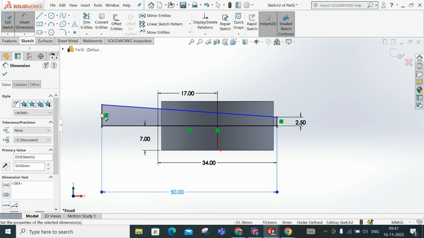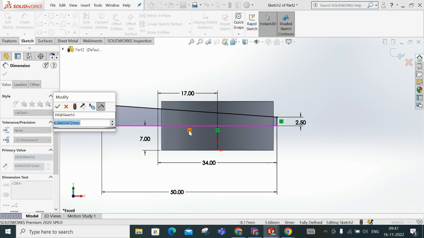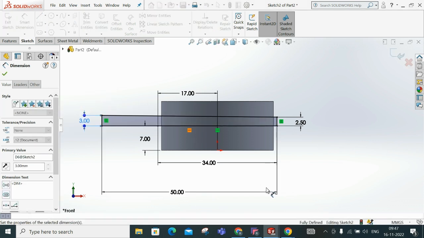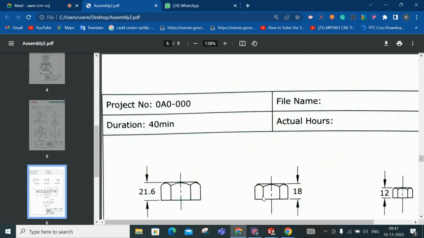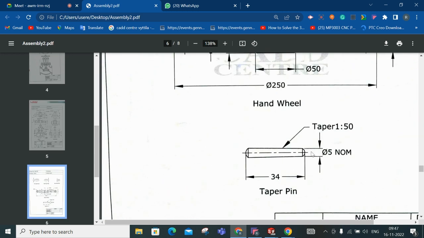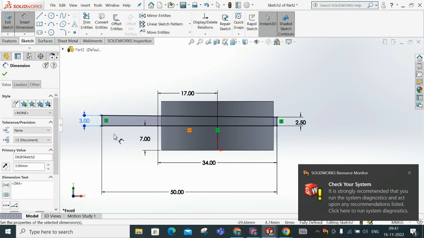That is, this should be 3. When the length is increased till 50, the dia should be 6. That means the radius should be 3.